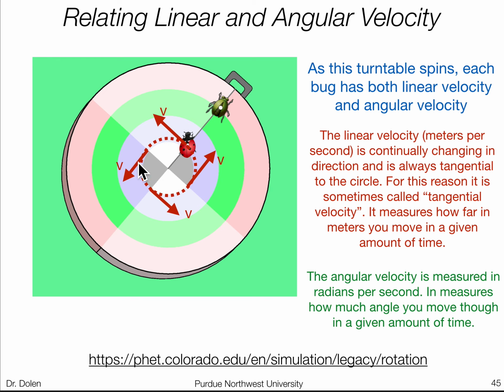If this dashed line is the path the bug takes as this wheel spins, and the bug is just sitting on the wheel moving around in this circle, at any given moment, the velocity vector is always tangential to the circle. So when the bug is here, its velocity is in this direction. When the bug is here, in that moment, the bug is moving in this direction. So the linear velocity in meters per second is sometimes called tangential velocity when something's moving in a circle, but this is still just meters per second.